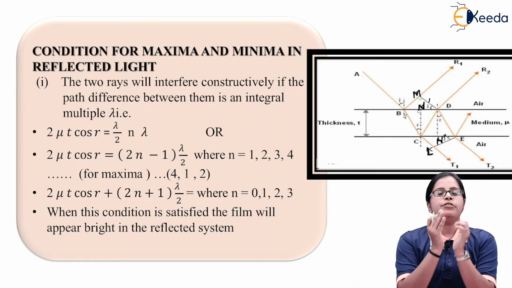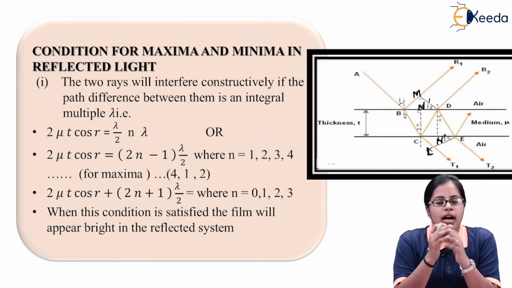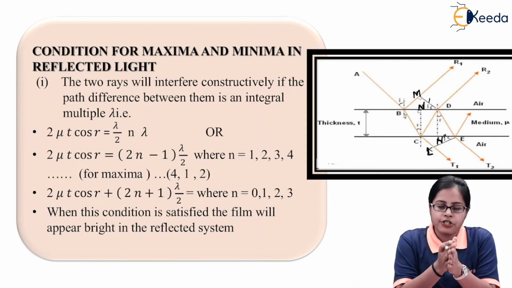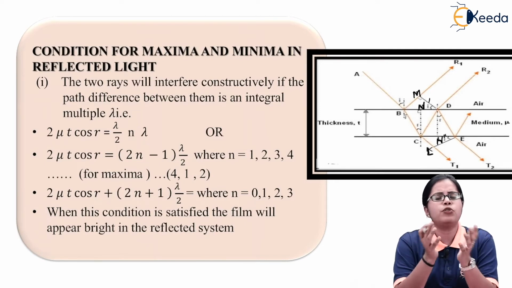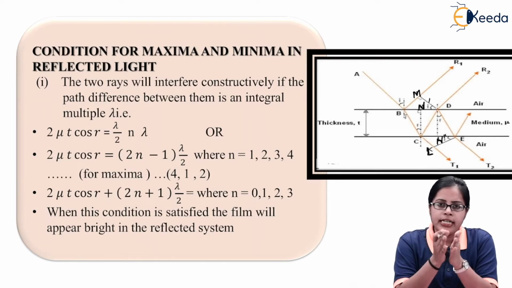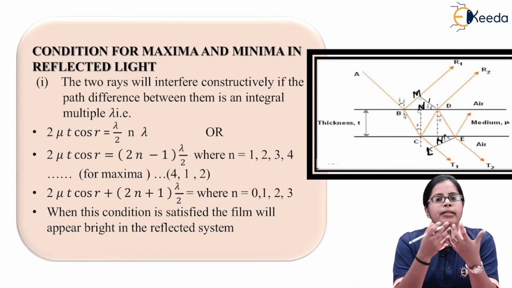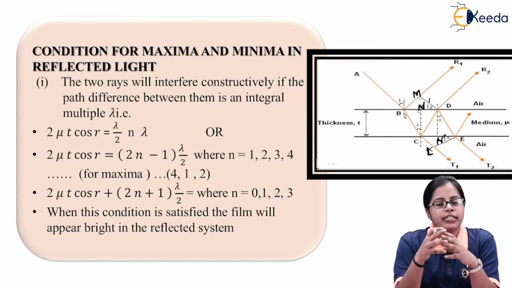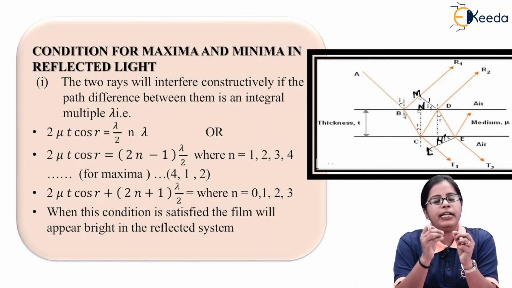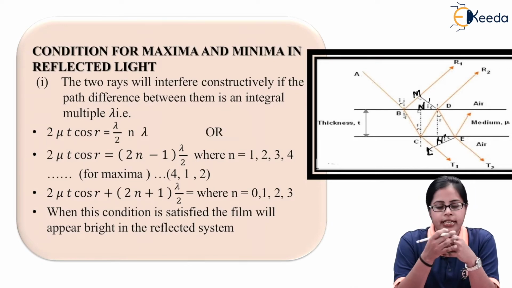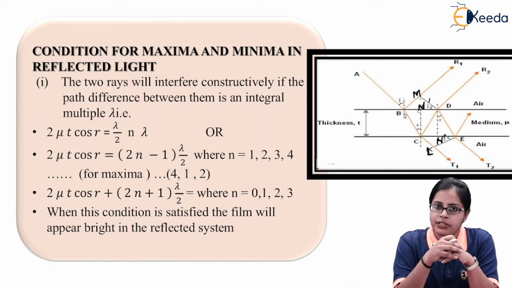Now when two rays are getting added constructively, or overlapped constructively, the mathematical condition is that the optical path difference should satisfy the condition of integral multiple of lambda. Then it is going to be the constructive interference.